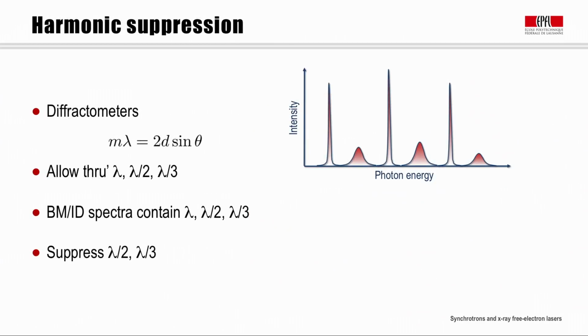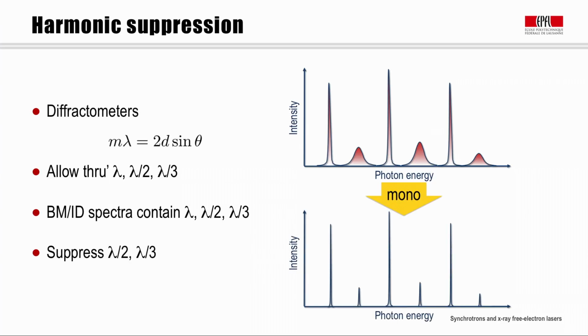This brings us to the last topic of this video, that of harmonic suppression strategies. In most experiments, we would like to suppress integer multiples of the photon energy of interest, though, because both the undulator and the monochromator harmonics are spaced evenly in energy, this cannot be done by normal monochromatization alone, though we have mentioned already that it's possible using multilayers.